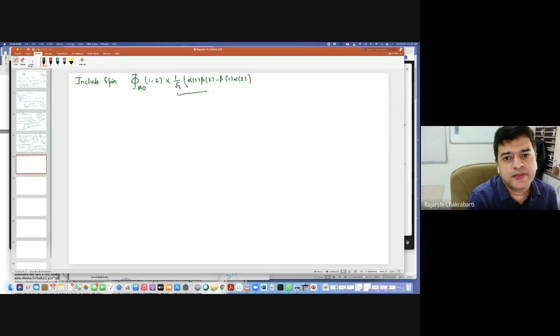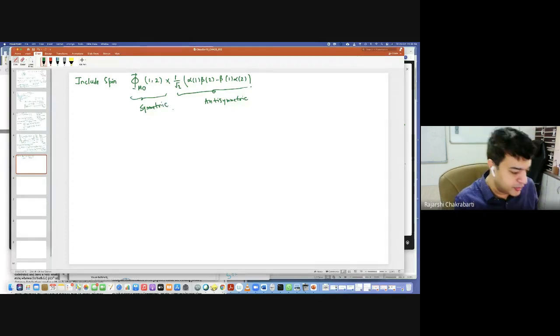This is antisymmetric. The whole wave function is going to be then antisymmetric, and it will follow Pauli's principle.